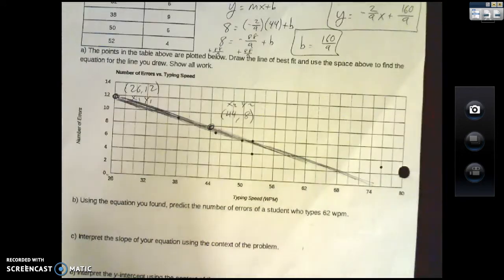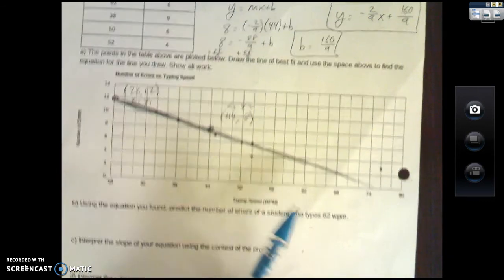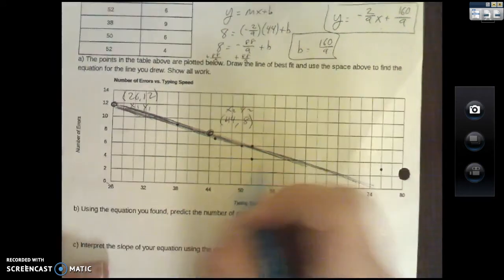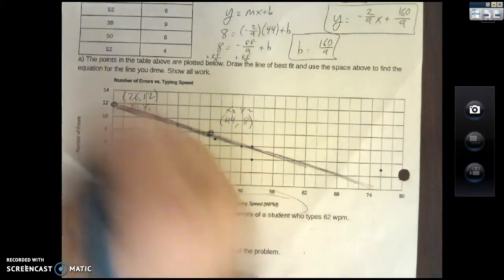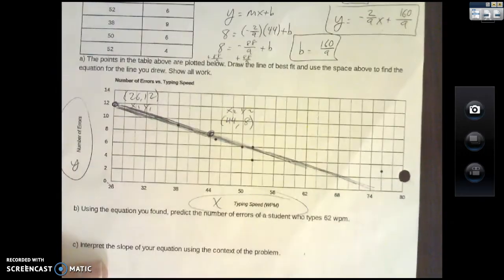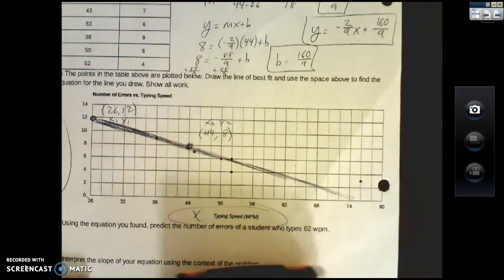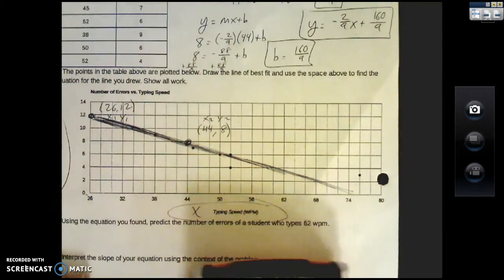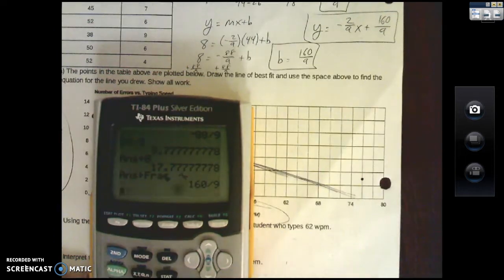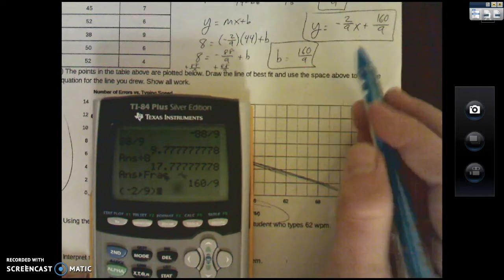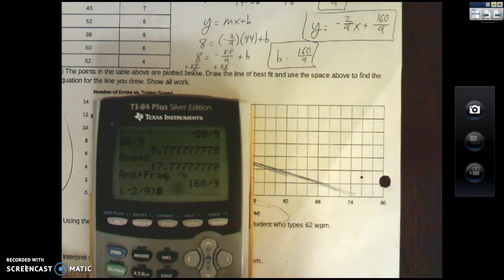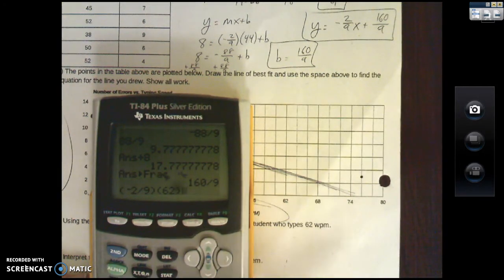Explain the equation you found, and predict the number of errors a student who types 62 words per minute makes. Well, if you notice, this is my x value right here. This is my y value. Because I'm using this equation now, I'm going to put in 62 for x. That's what the problem's asking me. So I've got negative 2 over 9, right here, and instead of x, I put in 62, plus 160 over 9.